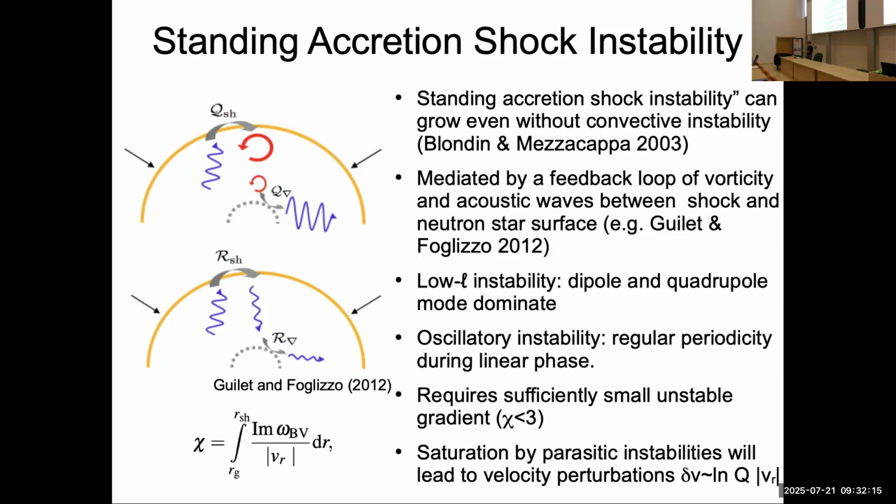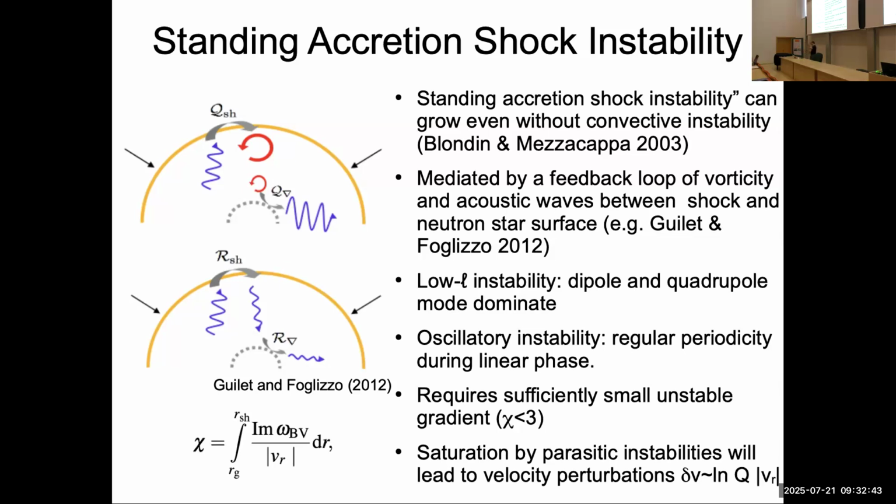So what happens there is, when you have the standing accretion shock, you can have waves traveling between the shock and the neutron star surface. At the neutron star surface, you can couple your wave in what we probably believe, or Thierry and Jérôme have worked out, vortical waves from the shock will then get converted into acoustic feedback from the neutron star surface.